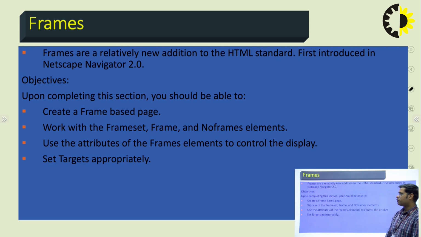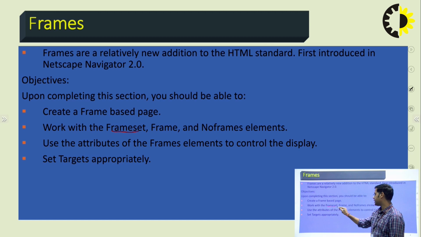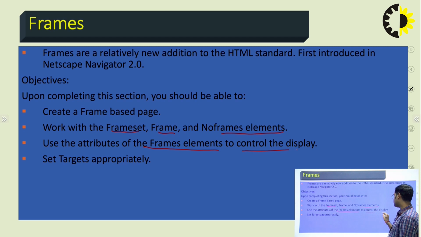The objective of frames is, firstly, to understand and gain knowledge about creating frame-based pages, then working with the frameset, frames and noframes elements. We use the different types of attributes of the frame elements to control the display.